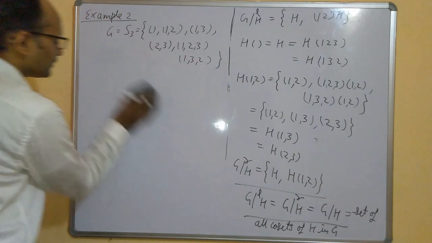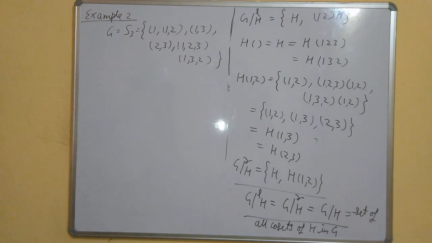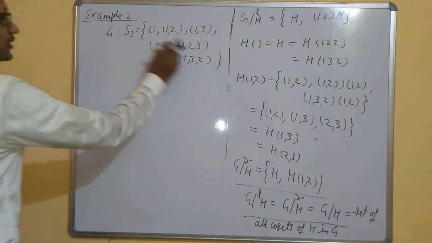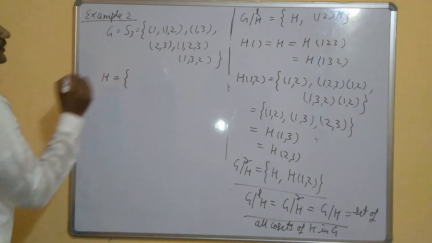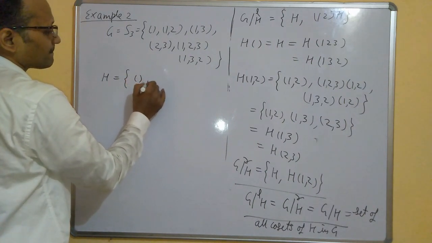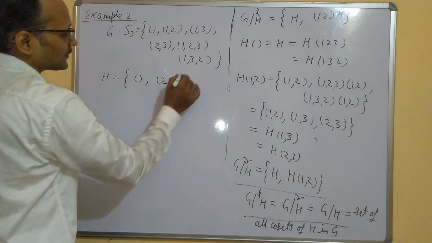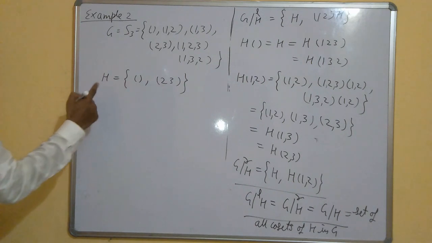So we have to take a non-abelian group, and S3 is the first non-abelian group. So let us have an example over S3. Take another subgroup of S3: identity and (2 3). So I take this subgroup. This is a subgroup of order 2.